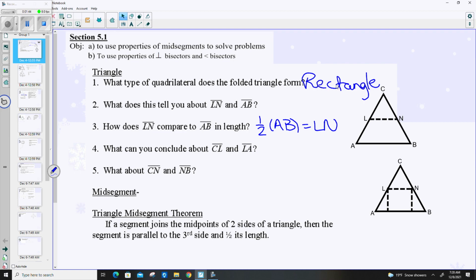Absolutely. What else would I know about those 2 lines? What relationship could they have to each other? Do they ever touch? So what are they? Say it again. Parallel. Nice.